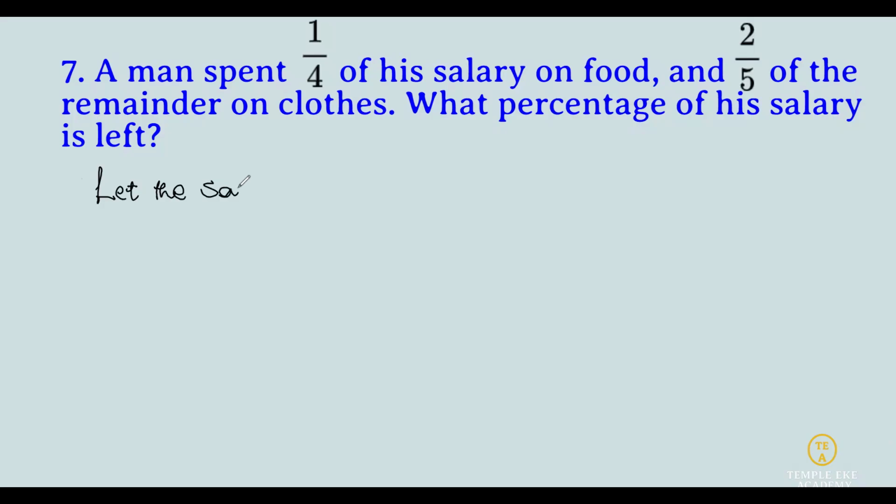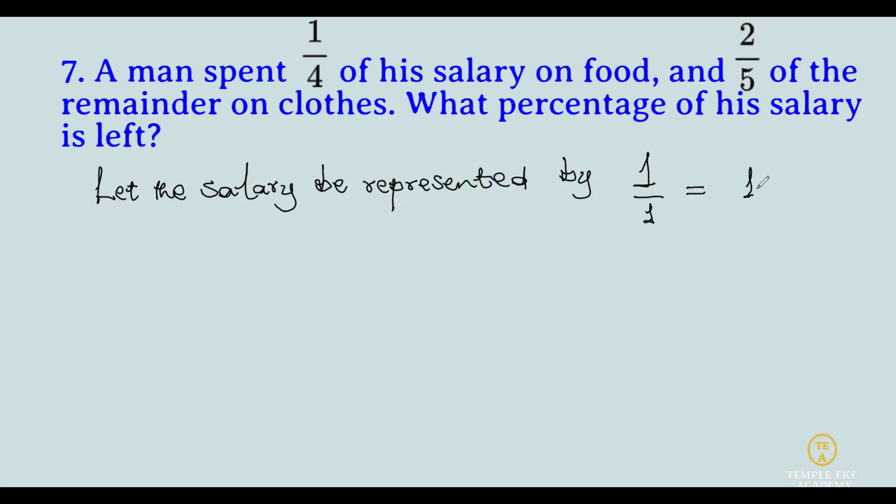If we don't want to use a variable like x in the solution, we can work this way. Let the salary be represented by one. So the fraction that represents the whole salary is 1/1, which means 1. The fraction representing the salary is 1 out of 1.